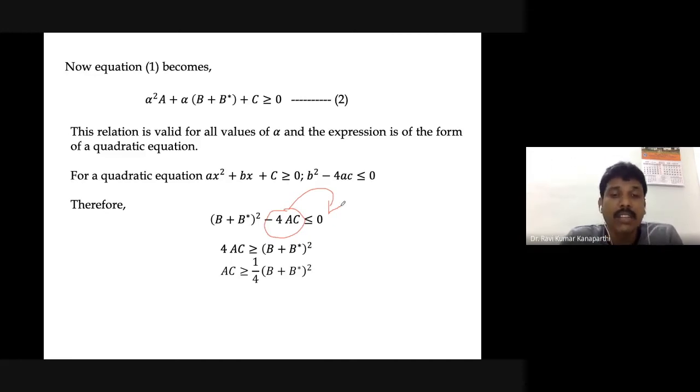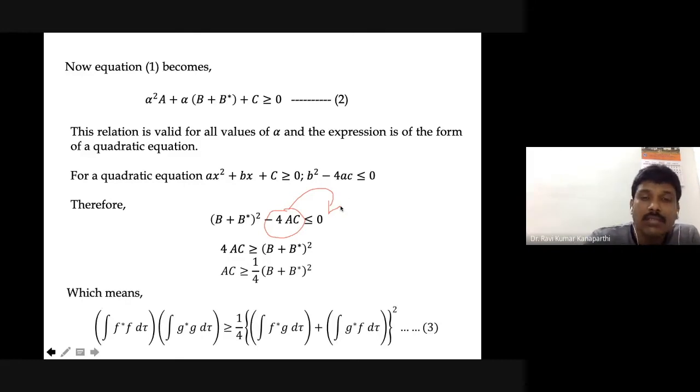So from that you can write AC is greater than or equal to 1 over 4 multiplied by B plus B star whole square. Now, what are A, B and C? We have already substituted those values, you just replace them.